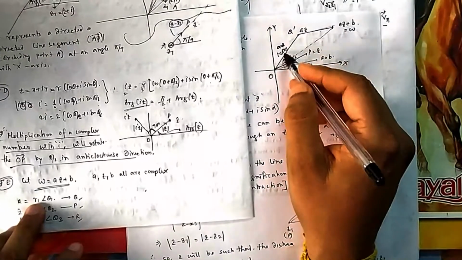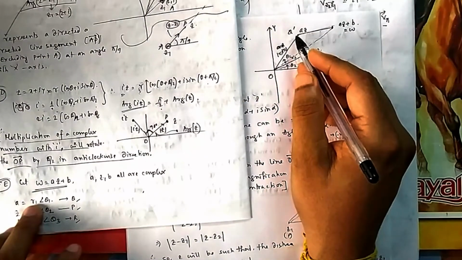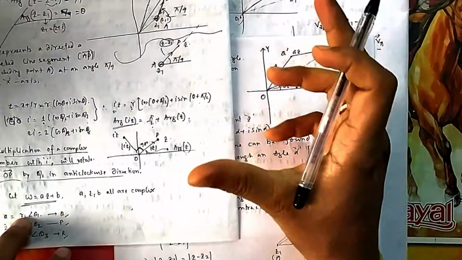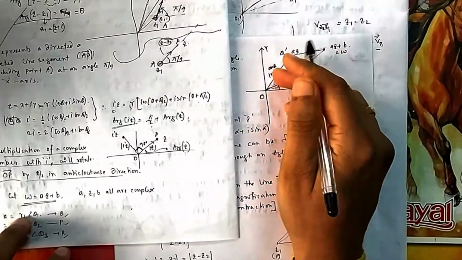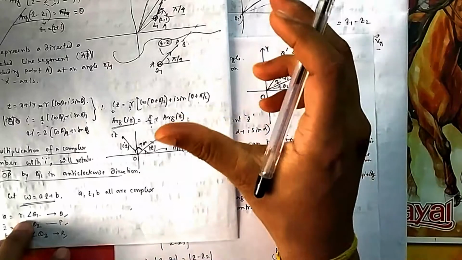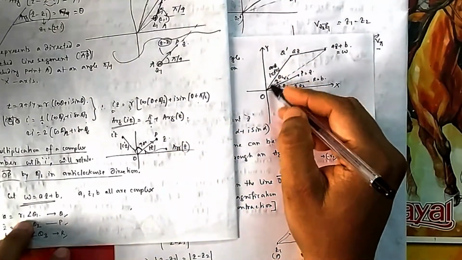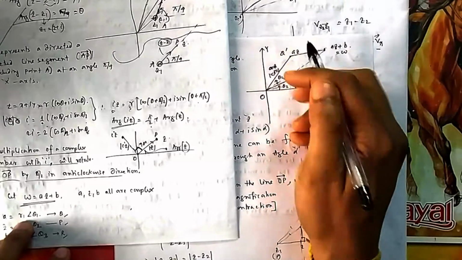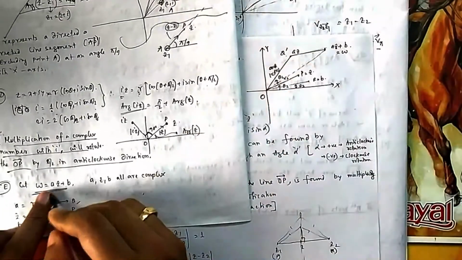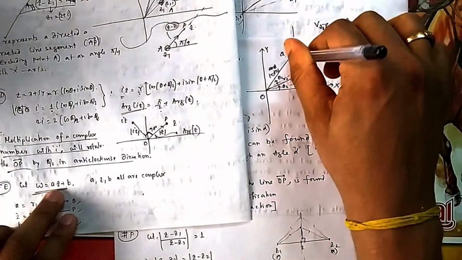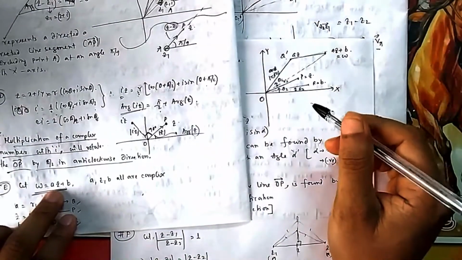If R1 is greater than 1, it will elongate, the length will be more. If R1 is 0.2, then multiplying by 0.2 makes it shrink. So let me take it as elongated. So Q dash represents AZ.